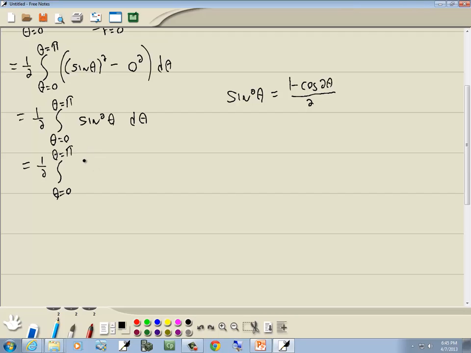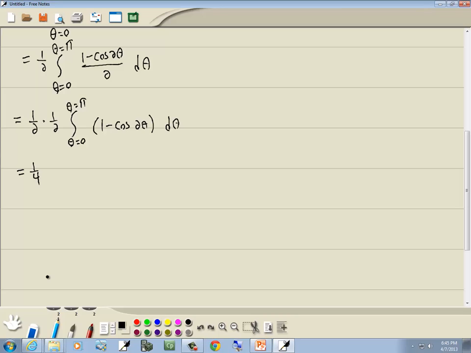We can replace that with 1 minus cosine 2 theta over 2 d theta. Now the 2 you see right here, that's like 1/2. We can take that and put it out in front. So we'll have 1/2 times 1/2. Theta is equal to 0 to theta is equal to pi of 1 minus cosine 2 theta d theta. And that gives us 1/4.